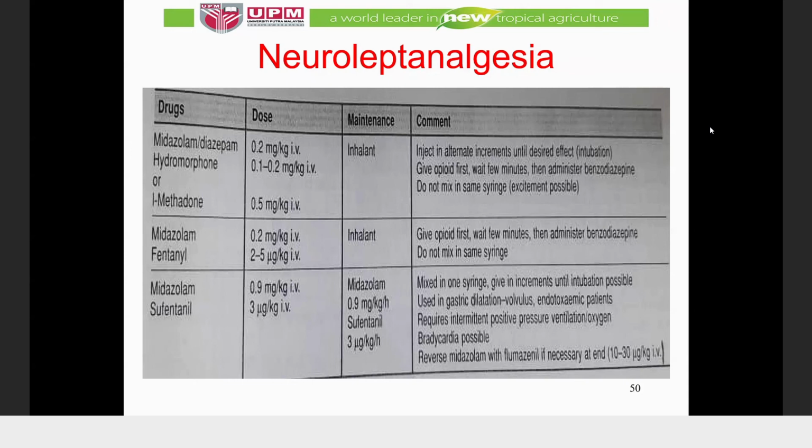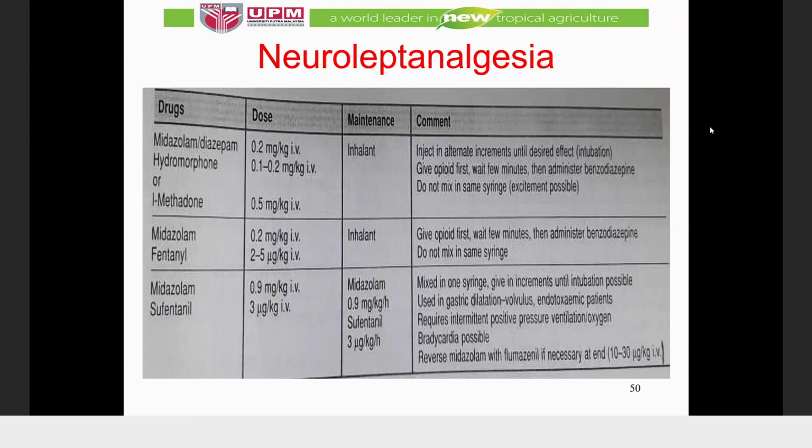Midazolam, especially, and other benzodiazepines, you can reverse with flumazenil. Xylazine you can reverse with its antidote, yohimbine. And for opiates there is naloxone, the antidote. If you give an opiate and the side effects are very severe and you want to reverse the drug's effect, you give naloxone.